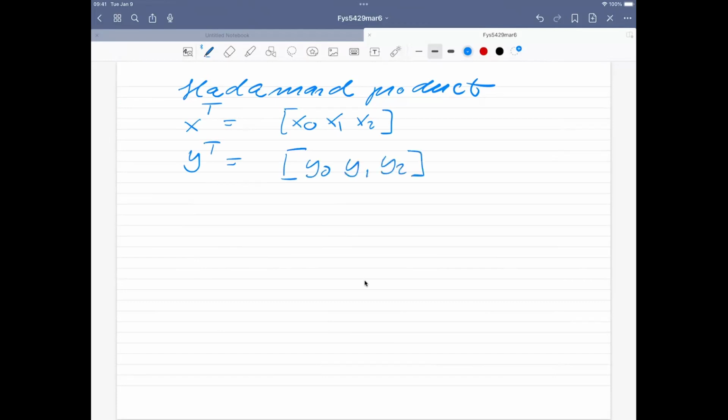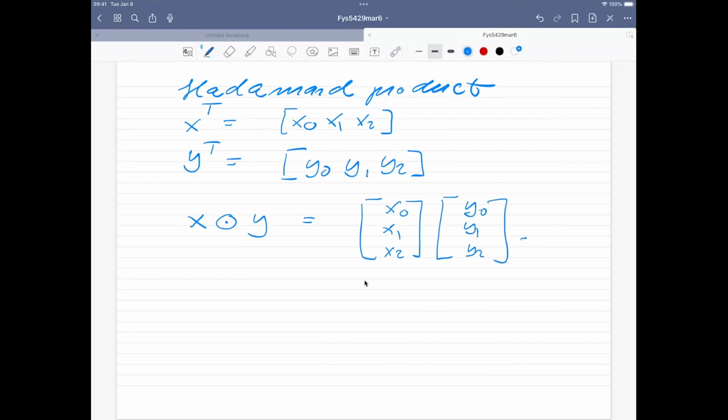The Hadamard product of x and y is the same as doing an element by element calculation, given by x0 y0, x1 y1, x2 y2. So that's an element by element multiplication, and that's called the Hadamard product.